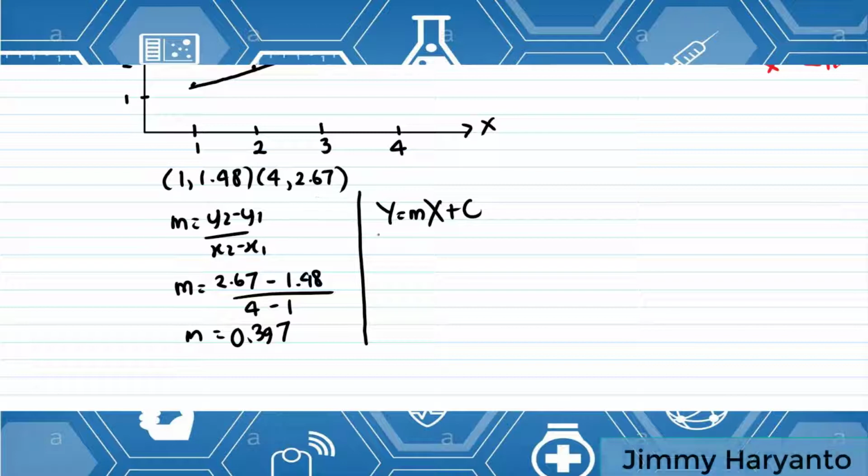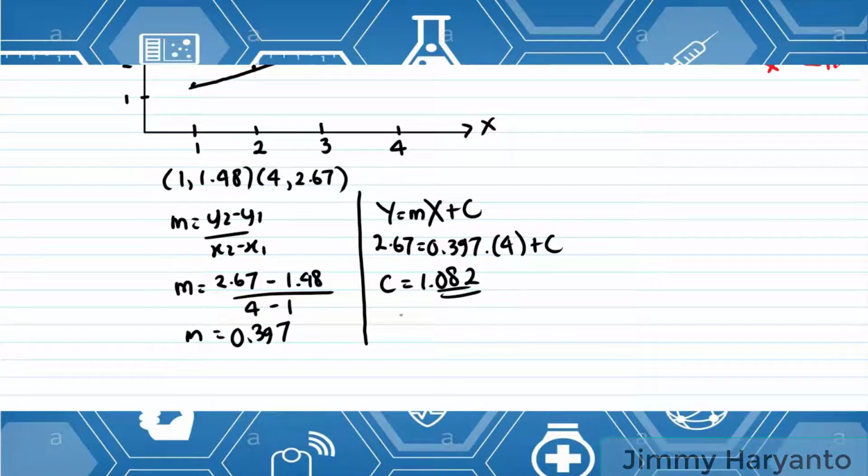Put the y is 2.67, m is 0.397, x is 4 plus c. And then I will get c equals to 1.082, guys. Okay, therefore I will have y equals to 0.397x plus c. C is 1.082.